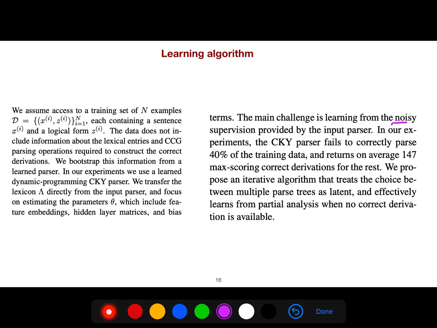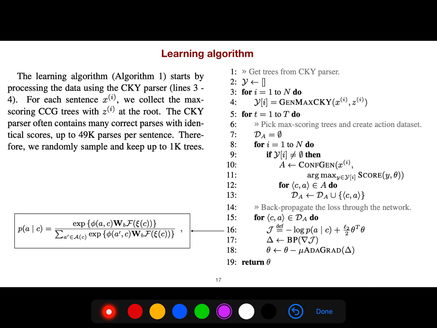So as I said, it's noisy. What you have gotten is noisy supervision. The CKY parser fails to correctly parse 40% of training data, especially here that we are using the CCG, because each word is a complex thing. It's like a tree. And so this is the probability of action given your configuration.